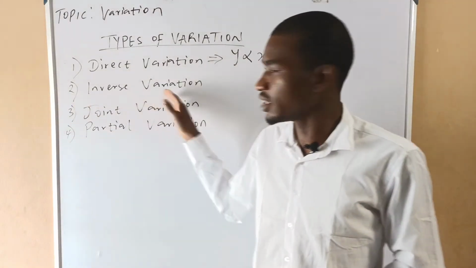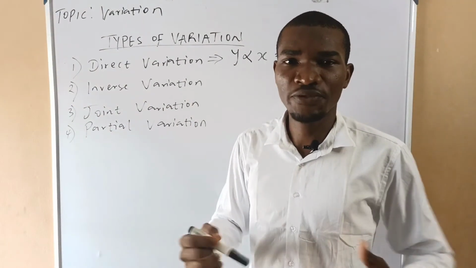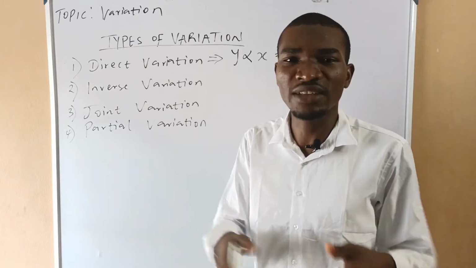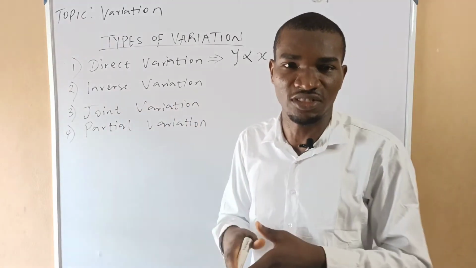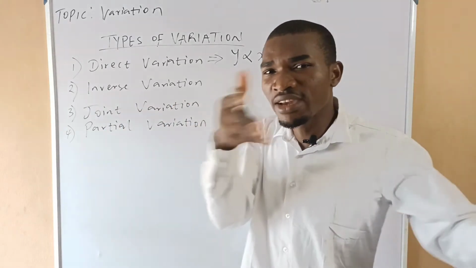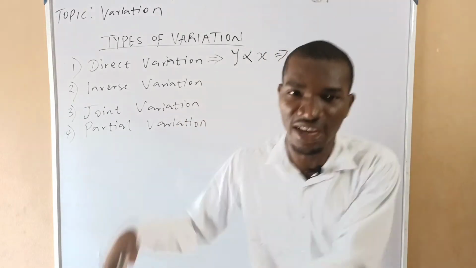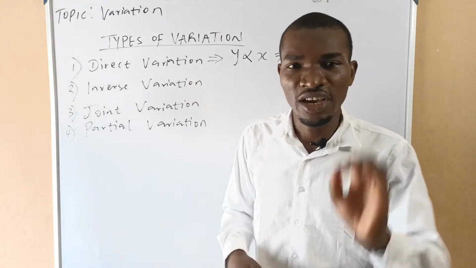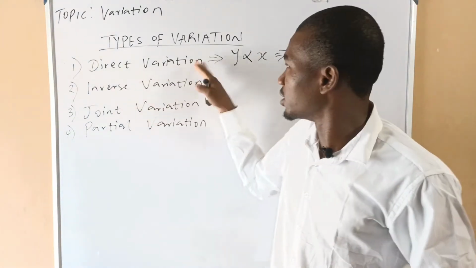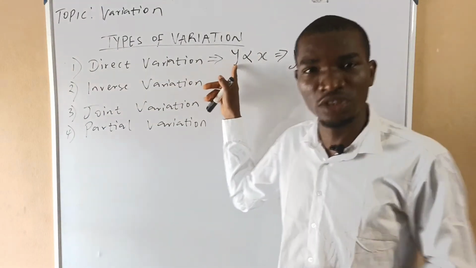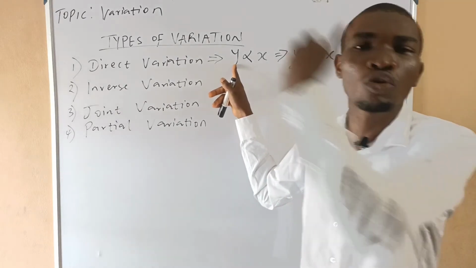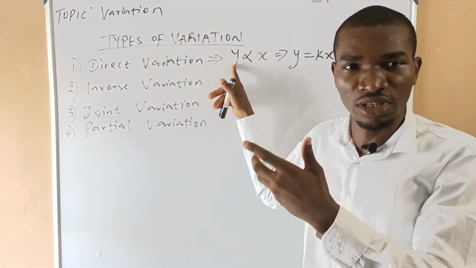The next one is the inverse variation. What is inverse variation? It is the relationship that exists between two quantities, and now the increase in one of the quantities results in the corresponding decrease in the other quantity. Remember, in direct variation, the increase in one of the quantities, which is quantity y, results in a corresponding increase in the other quantity.